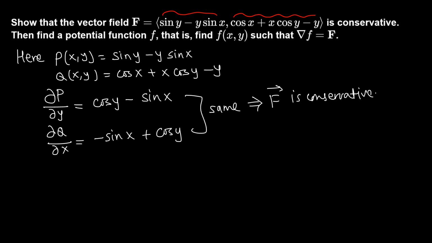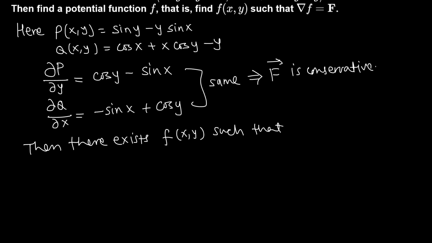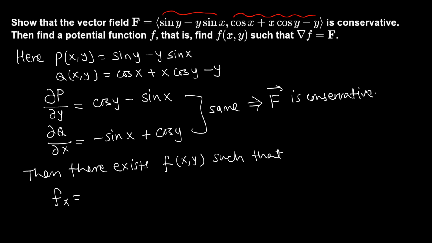Okay, then we can find a function of two variables such that the partial of f with respect to x is the first component and the partial of f with respect to y is the second component. As soon as we check that the field is conservative, we can forget about that.